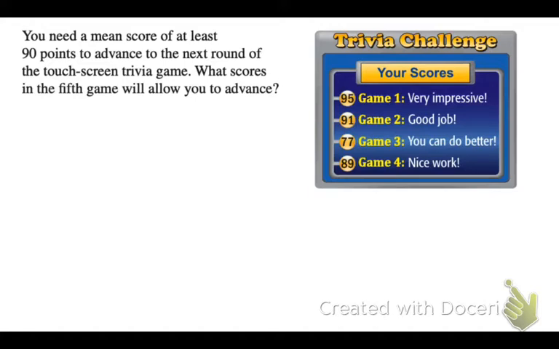So a couple things that we need to keep in mind, right? We have to make sure that we understand that when it asks for a mean score, they're asking for an average, and to calculate an average, you add up all the scores and then divide by the number of scores there are, okay? And we need at least 90. So it can be equal to 90, but it can also be greater than 90.